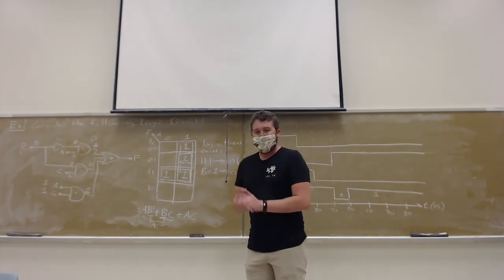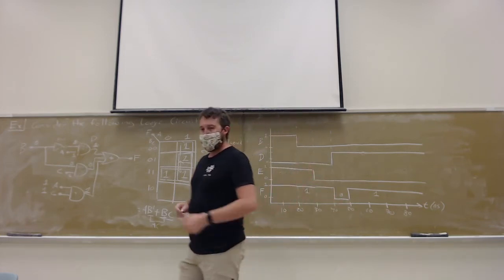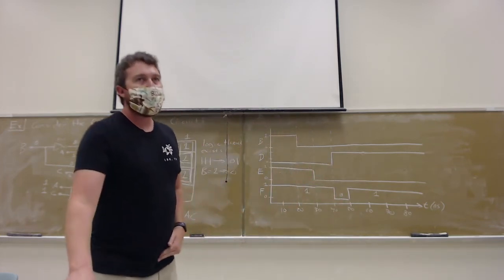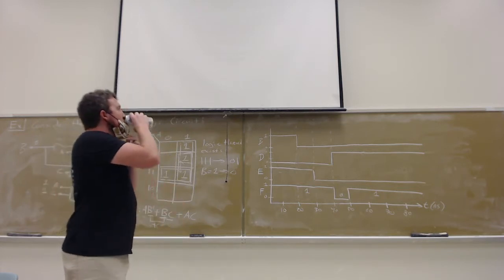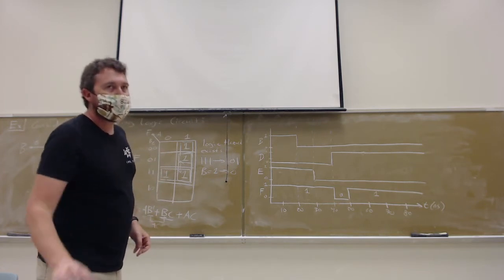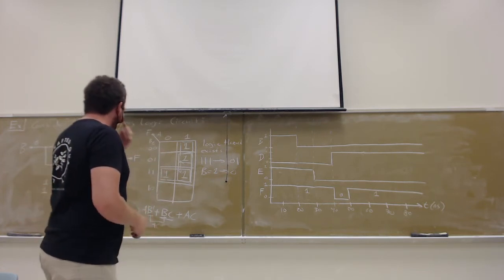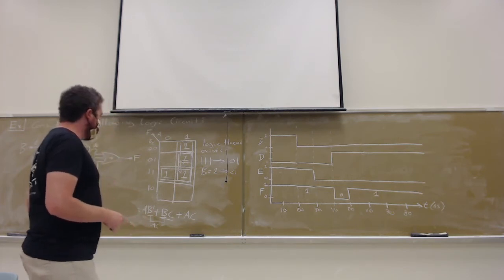So, any questions about this example? If you have more than just two terms of the expression, then how do you know which ones to use to make the consensus term? What do you mean? So, this expression is just A B naught, or B C. So you can use the consensus term with those two. They're the only two in the expression.